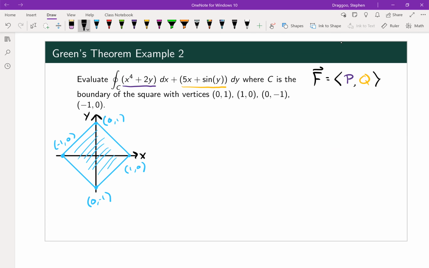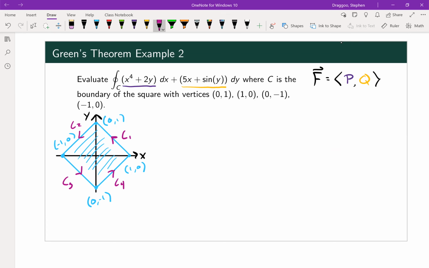And once again, we could break this thing down into four different lines and do a line integral along each one. So if we start at that same point, along the x-axis, and move in a counterclockwise direction, we'd be going this way. So we'll call it C1, C2, C3, C4.